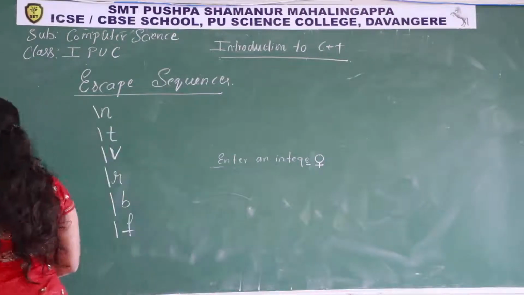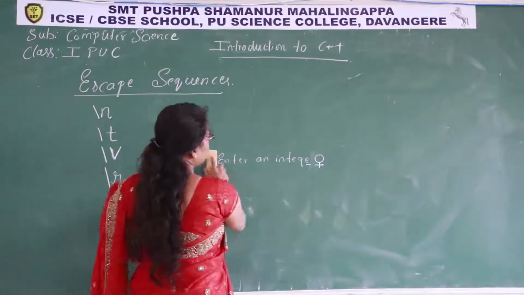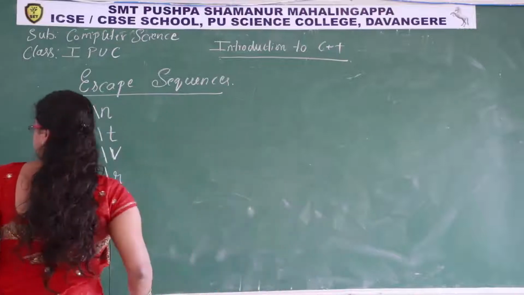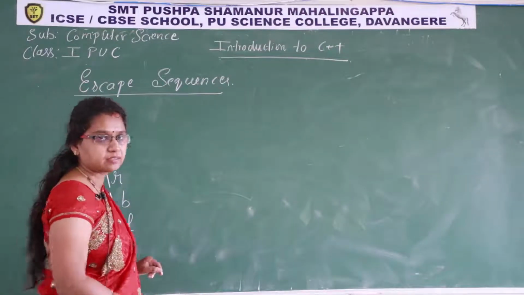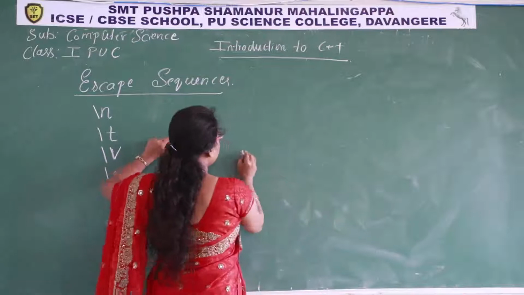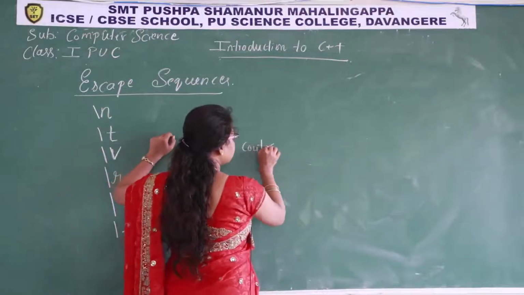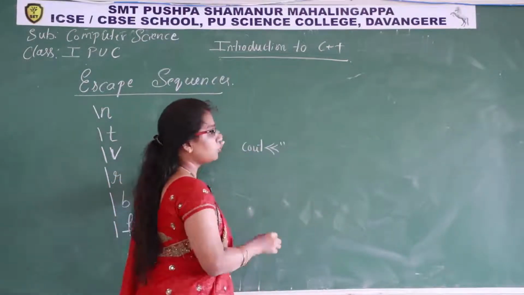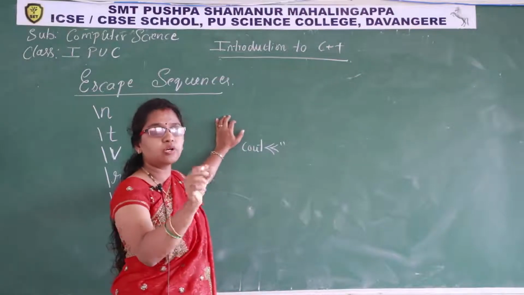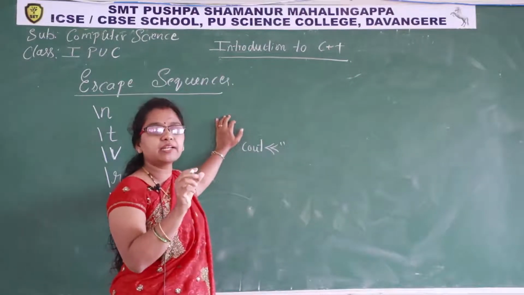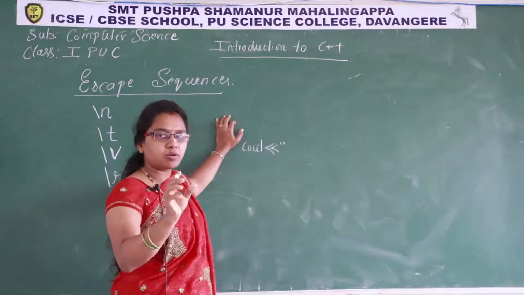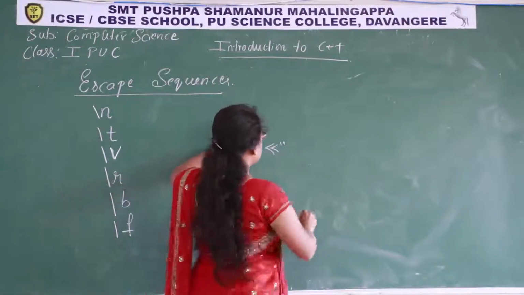Next escape sequence: if you want to display text within double quotes on the screen. See, you should observe here. Usually how do we write instructions in a cout? Whatever text or string you want to display on the screen should be written in double quotes. That you have already come to know.